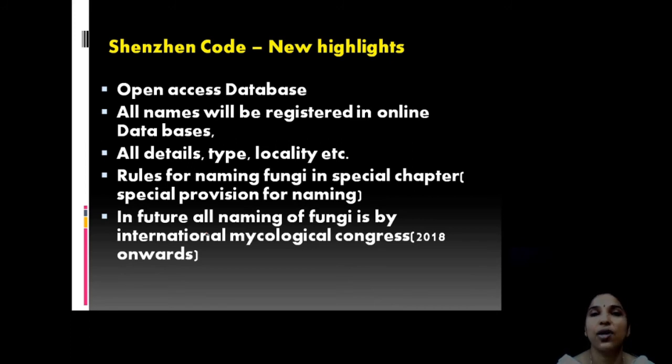All details, such as the plant type, material deposited, its locality, everything. Rules of fungi, it's a special chapter given. In future, it may be replaced by International Mycological Congress.